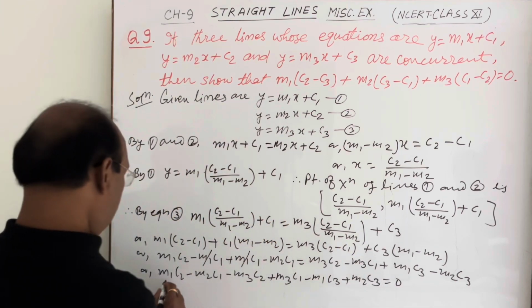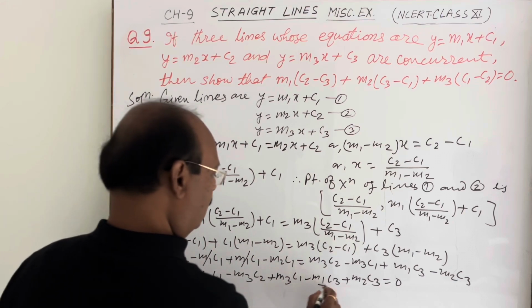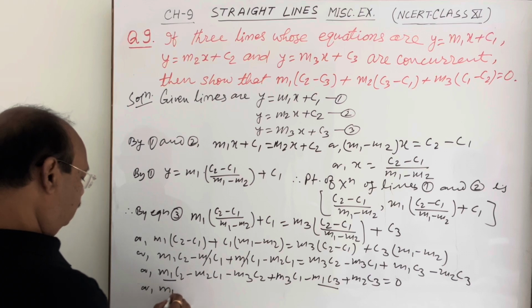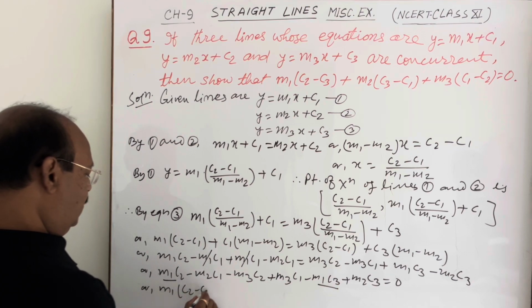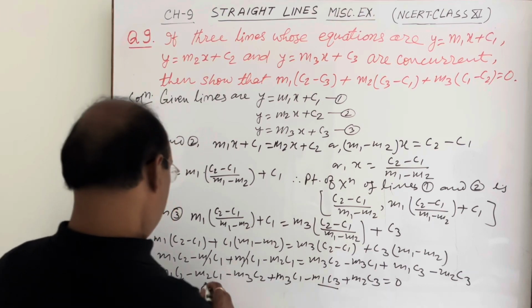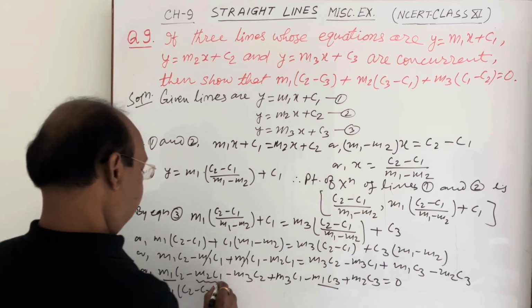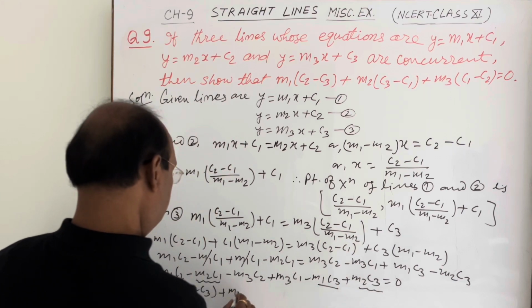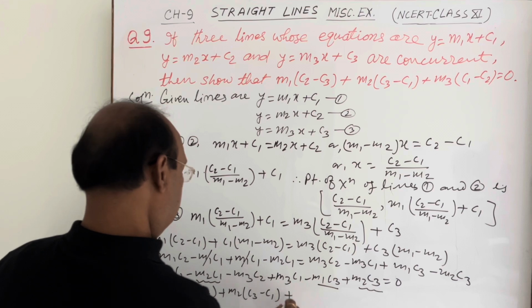From these two terms we can take m1 common: c2 - c3, plus from these two terms we'll take m2 common: c3 - c1.